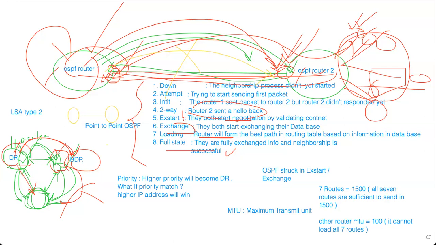It will be stuck in the ExStart or Exchange state because there is a mismatch of the MTU. They both cannot understand the full database description of the packet, and that's why there is a breakage in the communication.